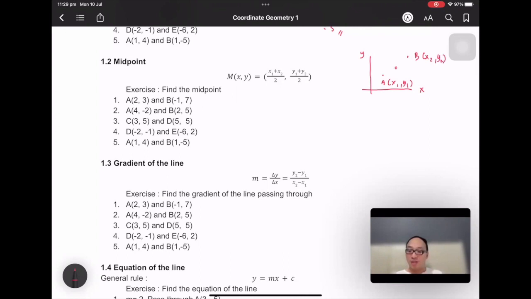The midpoint is the coordinate M, so I can say this is x and y. Now, to find the midpoint, we sum the coordinates and then divide by 2. So sum the x coordinates, x1 plus x2 divided by 2, and the y coordinates, y1 plus y2 divided by 2.